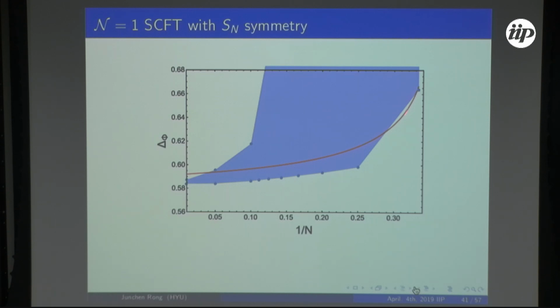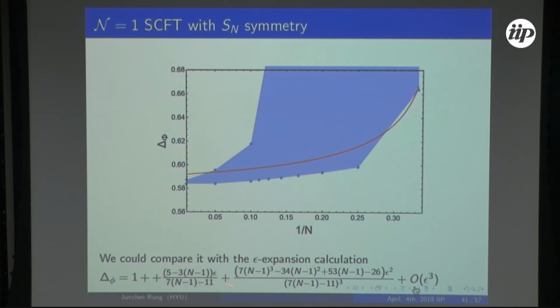First of all, these are the locations of the jump, and you can compare it with the epsilon expansion calculation. This red curve is the epsilon expansion calculation. This region is because I require the superpotential to have dimension bigger than 2.